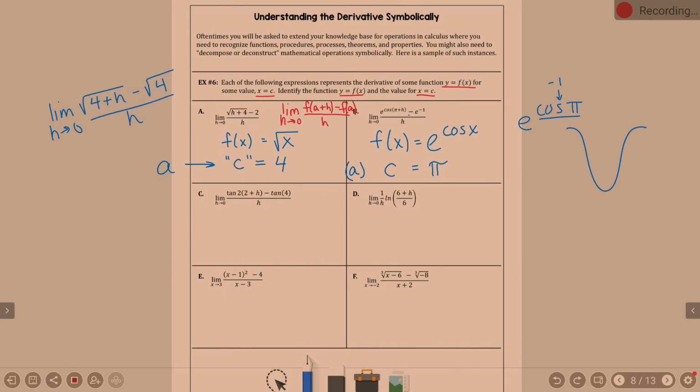It does. Okay? Try another one. Are we using the same form? It's still h approaches 0. There's still an h in the denominator, yes? So we're using that same form that we talked about on the past two.